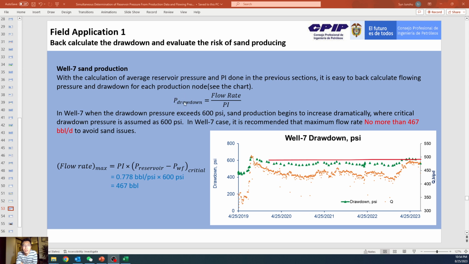The drawdown is the delta P between average reservoir pressure and the flowing pressure, that equals flowing rate divided by the PI. So for each production node, we know the flowing rate, we know the representative PI. Then we can easily calculate the drawdown at each production node, like this.